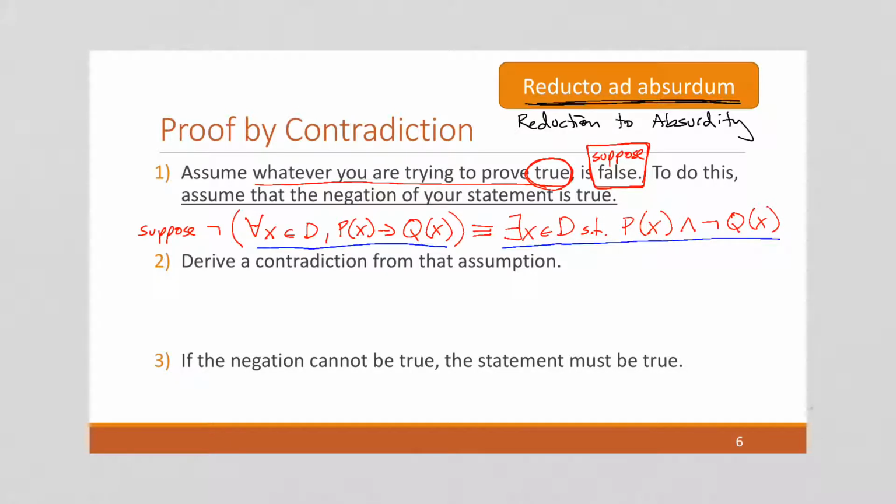Right? And then our goal, how we're going to do this, is we're going to show that assuming that there exists an x in the domain such that P of x is true and Q of x is false, this causes a contradiction.